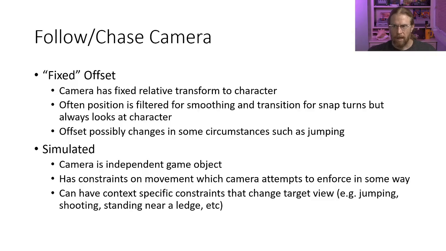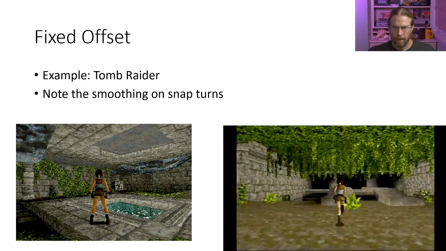An example is Tomb Raider, which I've got a little demonstration of here. You will see some smoothing when there's a snap turn, a very quick 180. The camera animates a little and smooths out, going a little slower than Lara turns.